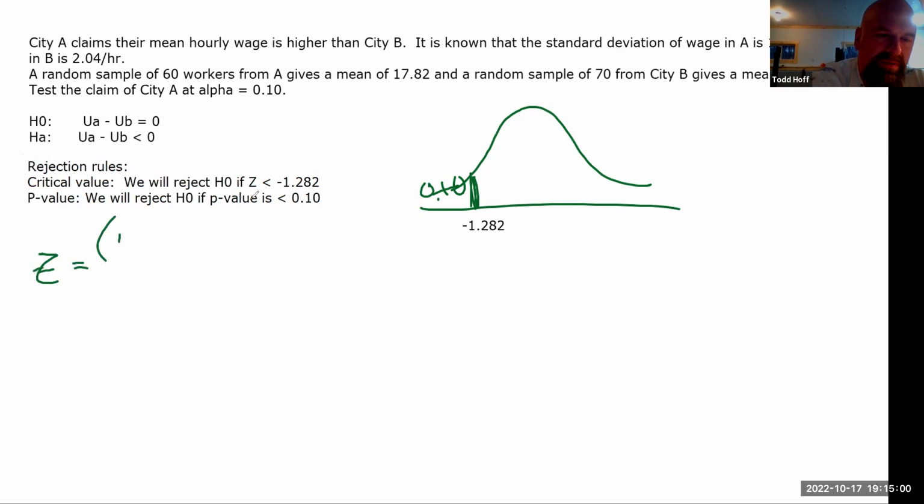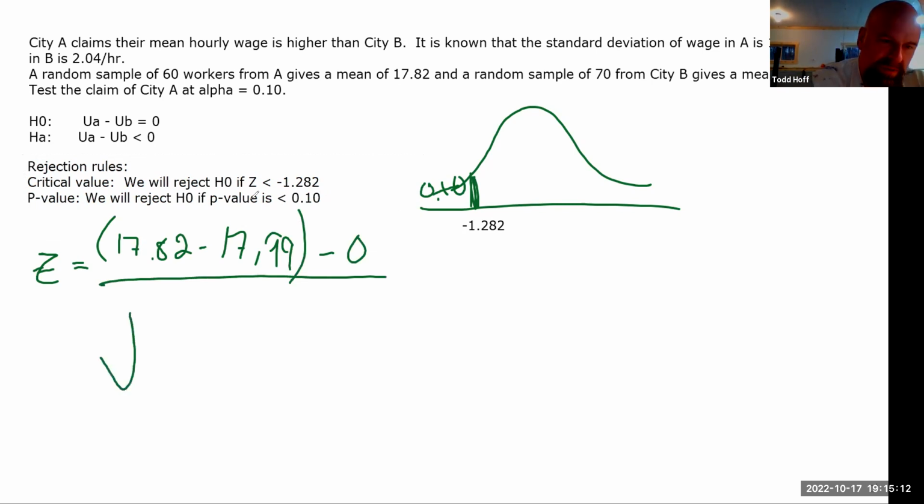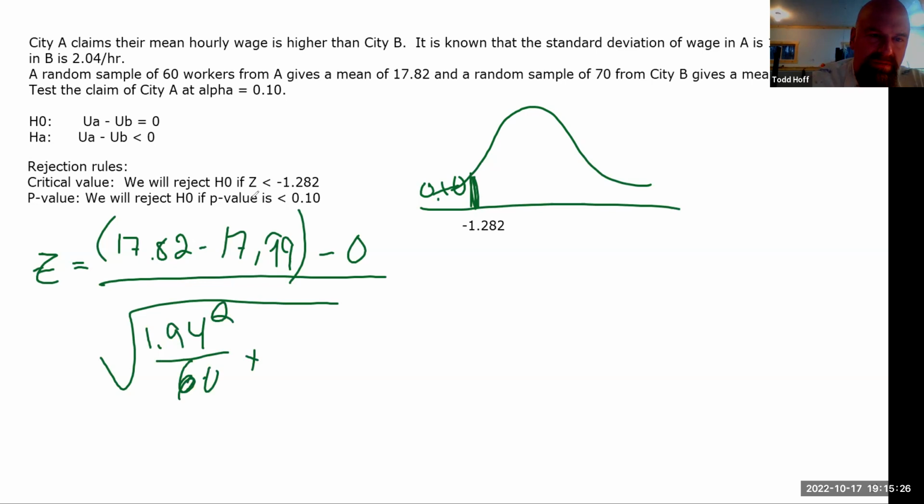So that's going to be 17.82 minus 17.99, minus the hypothesized difference, which was 0, over the square root of standard deviation of 1.94 squared over the sample size from sample 1 of 60, plus standard deviation for city B, 2.04 squared over the sample size from city B of 70.